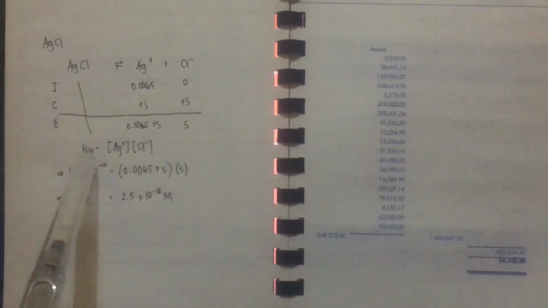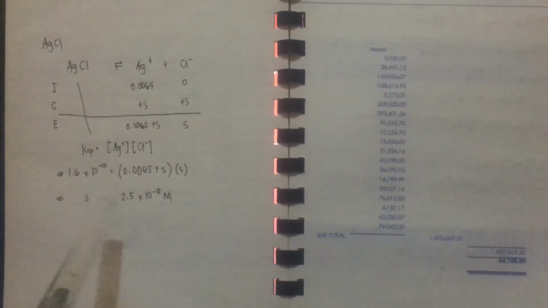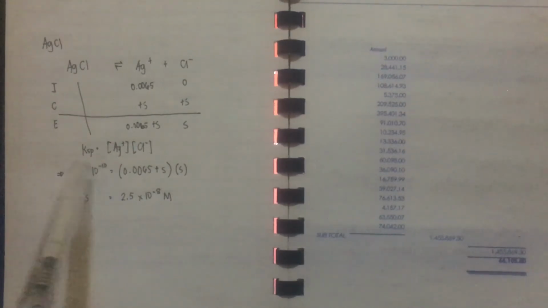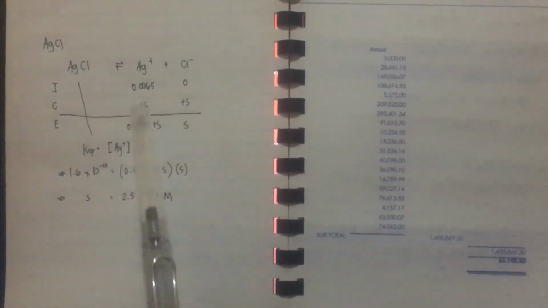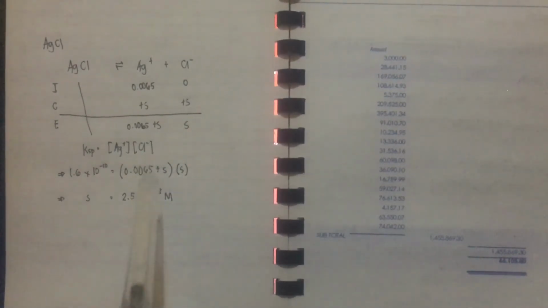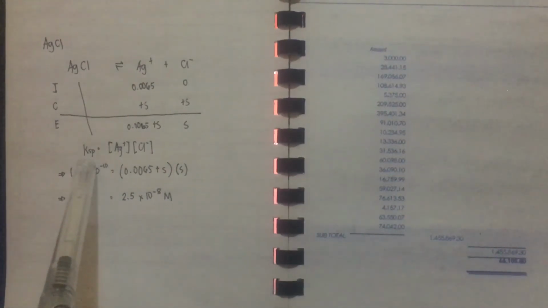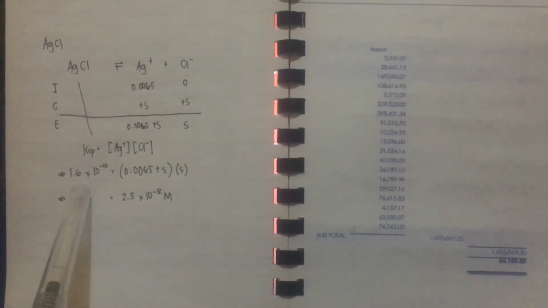And then getting the KSP expression, or the solubility product constant expression for AgCl, we have the concentration of Ag plus times the concentration of Cl minus. Plugging in the values that we know, the KSP is equal to 1.6 times 10 to the negative 10.